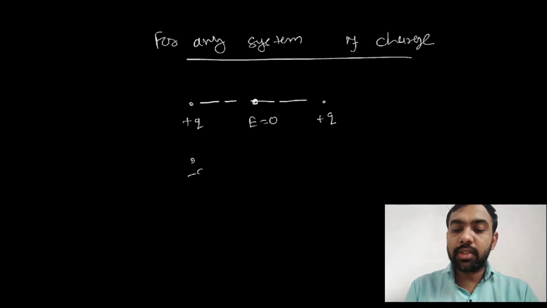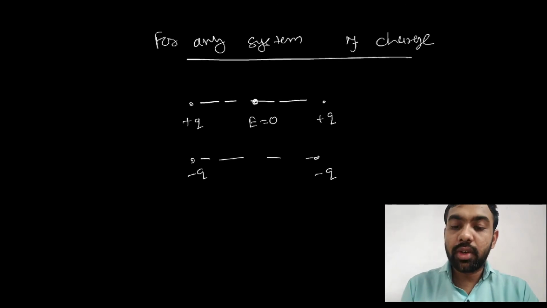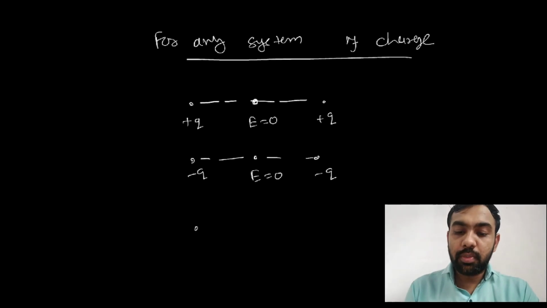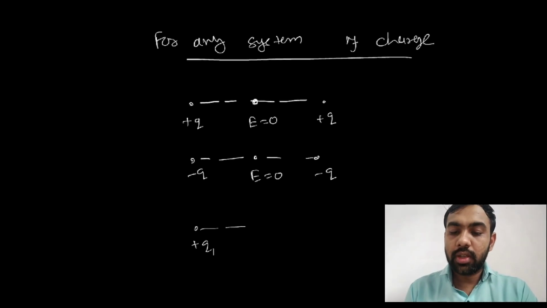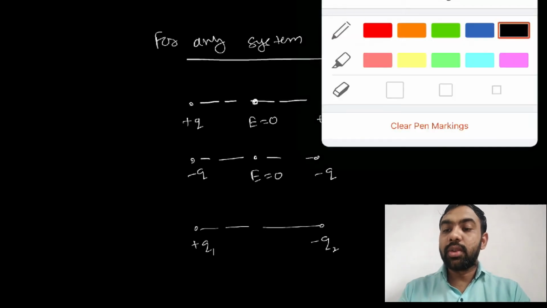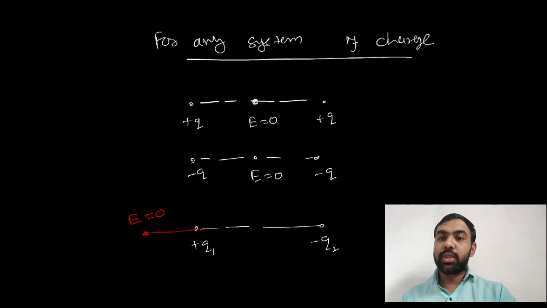If you consider two minus q, the electric field is 0 between the two charges. But if you consider plus q1 and minus q2, then the electric field is 0 outside of the two charges. Outside of the two charges. Okay, why?